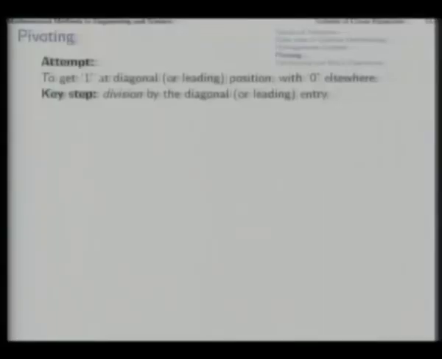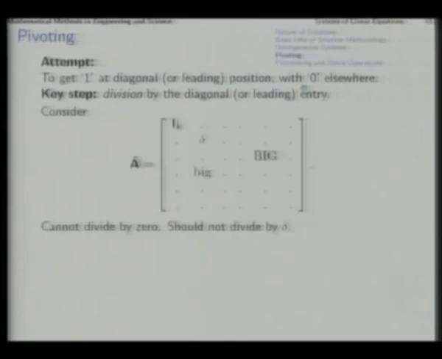Note that this kind of steps typically try to get 1 at the diagonal or leading position with 0 elsewhere. A key step is division by the diagonal or leading entry. Now, consider a matrix in which, suppose the leading k by k part has been already processed and something is sitting here which is say delta.